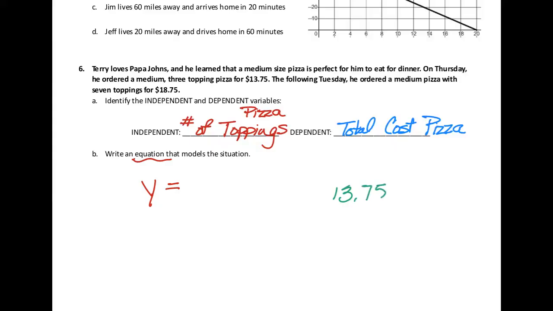$13.75 is the cost of a pizza for how many toppings? 7. Not, well, I chose the other one. Oh, no, 3. I was looking at the other one. Yes. And then $18.75 is the cost of the pizza with 7.